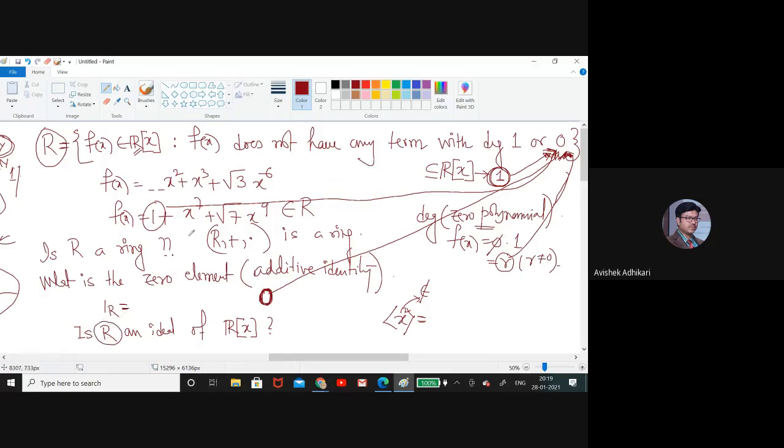And then take any two elements from R. If you subtract them, it will not contain any degree 1 or degree 0 term. So this is done.